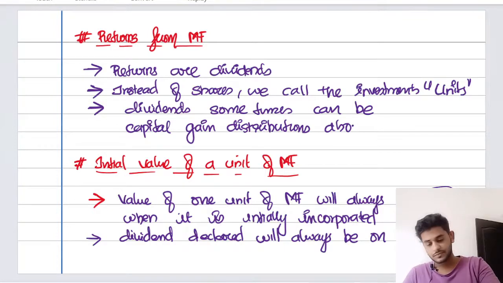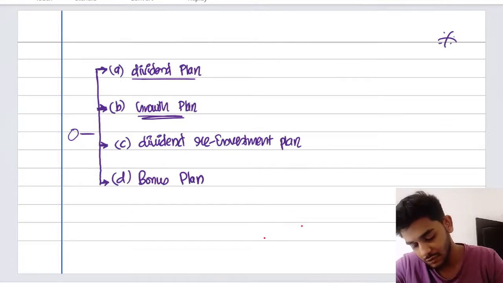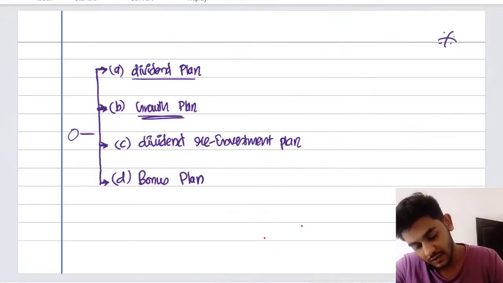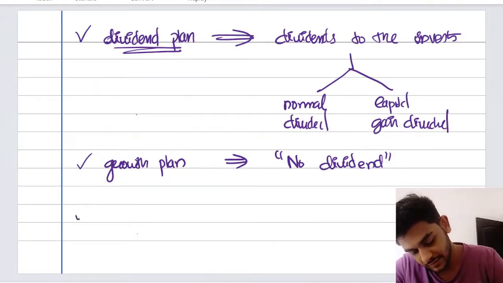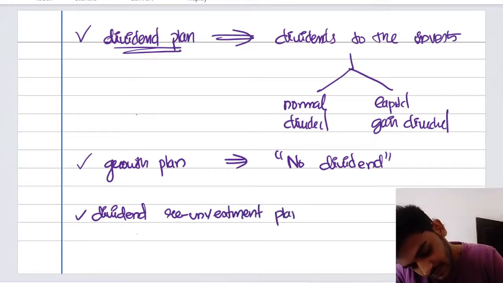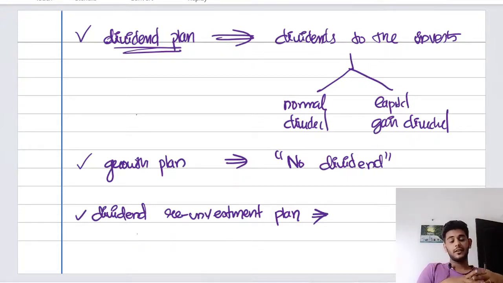Okay, so now coming to the third plan. We have discussed the dividend plan, then the growth plan, and now coming to the dividend reinvestment plan. So what is this dividend reinvestment plan?